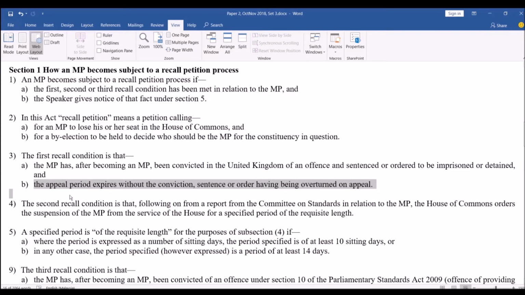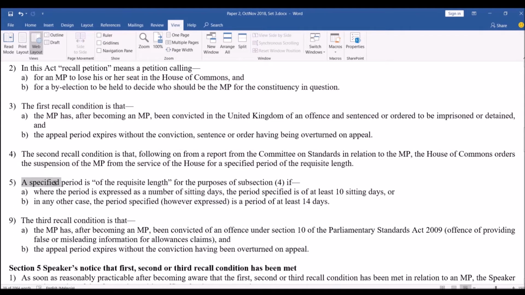Sub 4. The second recall condition is that, following on from a report from the Committee on Standards in relation to the MP, the House of Commons orders the suspension of the MP from service of the House for a specified period of a requisite length.